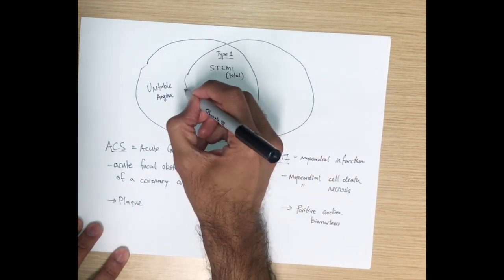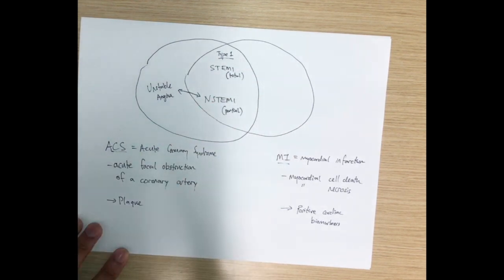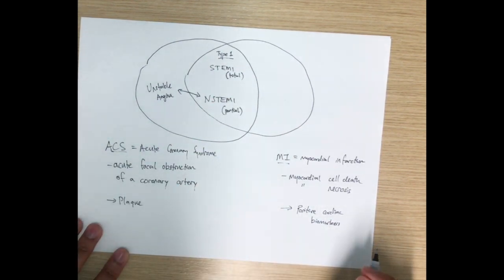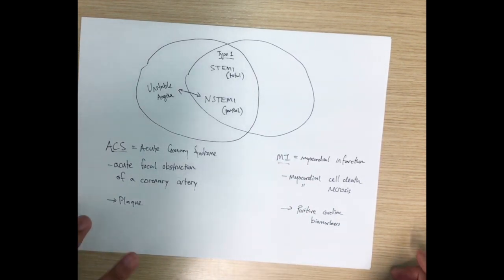As a side note, some people believe that these two conditions are really the same thing and that there's really no difference other than our troponin assays aren't sensitive enough yet to pick up evidence of cell death in unstable angina, but that's a side note.